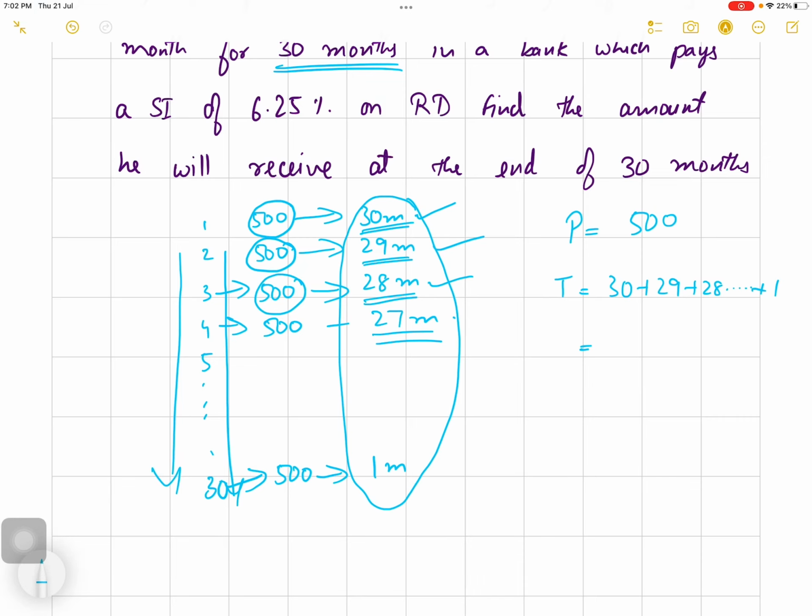So the formula is n into n plus 1 upon 2. N is 30 because you are counting numbers 1, 2, 3, 4, 5, 6, 7 till 30, right? So 30 into 31, because n plus 1 will be 30 plus 1, which is 31. Divide by 2.